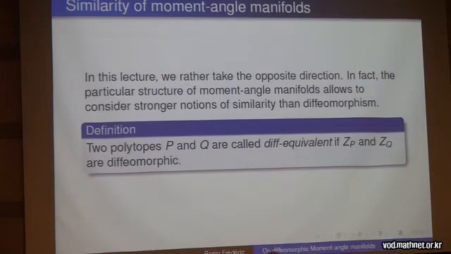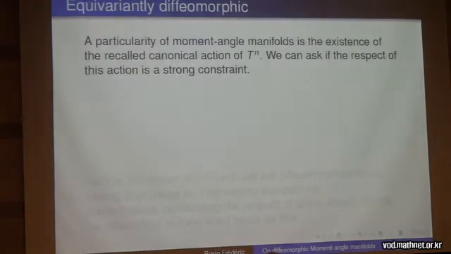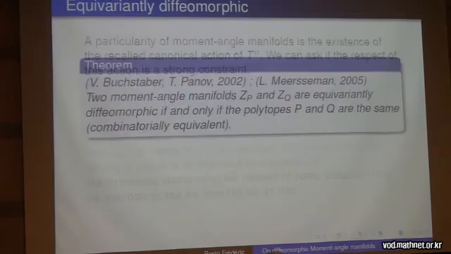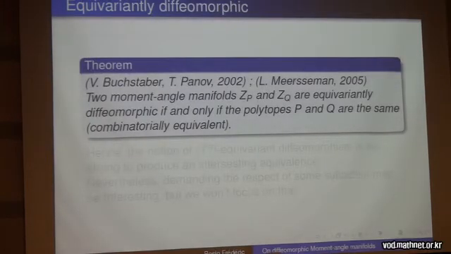So, what are the structures? We can consider the toric structure. And the question is, what if we demand diffeomorphism with respect to the toric action? Equivariant diffeomorphism. Is that a strong constraint? And in fact, yes. This is a theorem of Buchstaber, Panov, and Masuda.